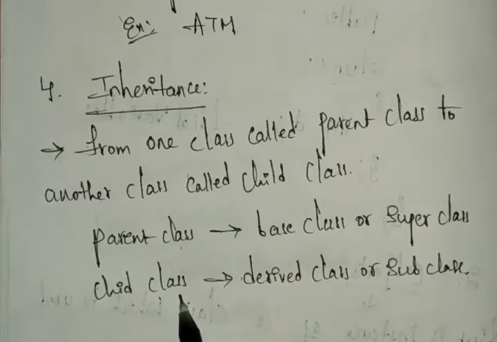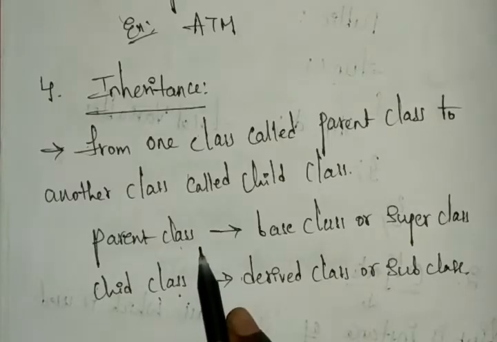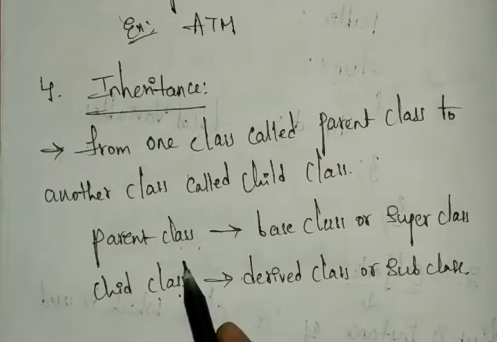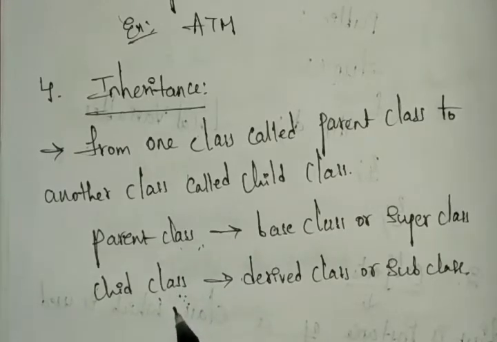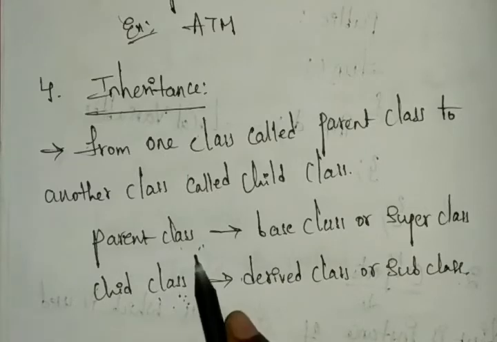Once you create the object of the parent class, it can access only the parent class members. If you create the object of the child class, it accesses the members of both the child class and the parent class. Why? Because the child will not have more knowledge than the parents.